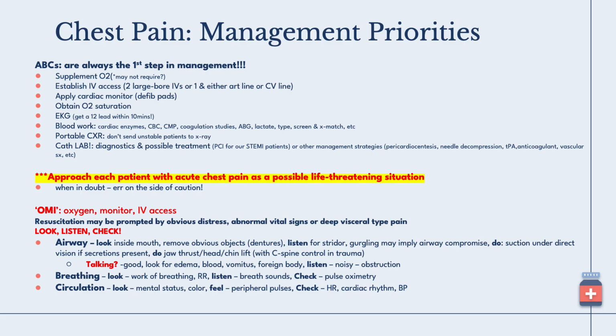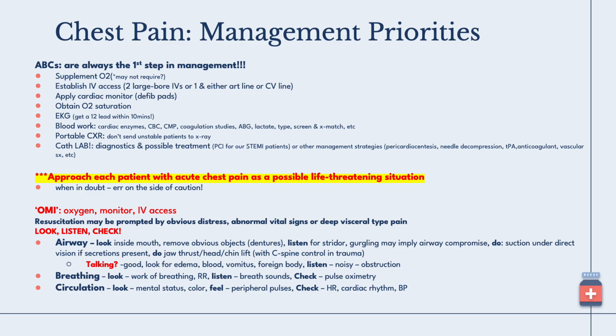Another good mnemonic I link here is OMI, so oxygen, monitor, IV access. A resuscitation really should be prompted by any obvious distress, if we have abnormal vital signs, or a deep visceral type pain. So we're looking, we're listening, and we're checking.